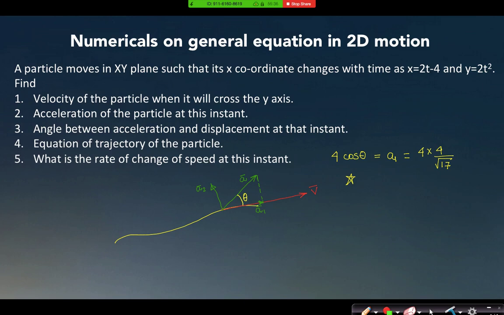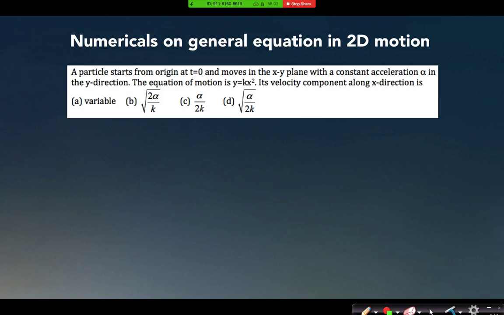That is why the acceleration is not along the same line as velocity. Understood now what is going on inside this motion: acceleration has two roles to play. One is to change the magnitude of velocity, another is to change the direction of velocity. Now solve this one.